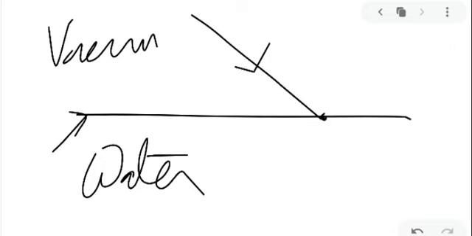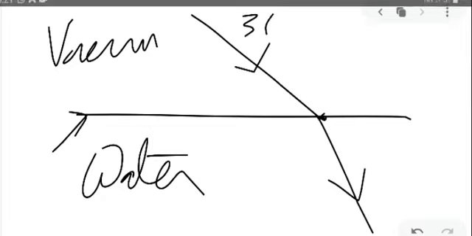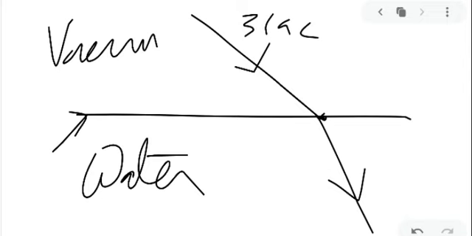The speed changes and it is indicated just by a deviation in the path. Just don't think that since the speed has changed from 3 lakh to, say, in water around 2.25 lakh kilometers per second, it is decelerating or accelerating. There is no acceleration.